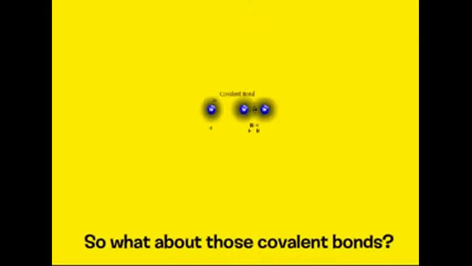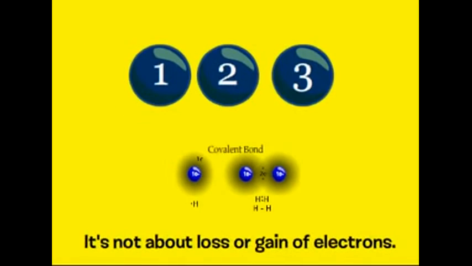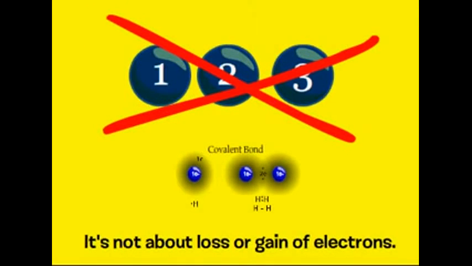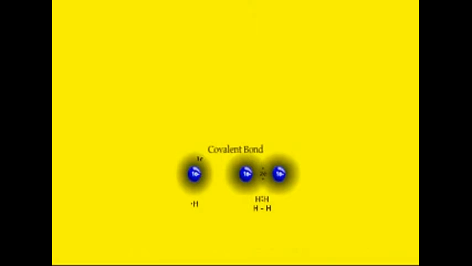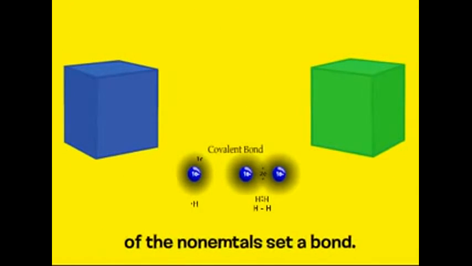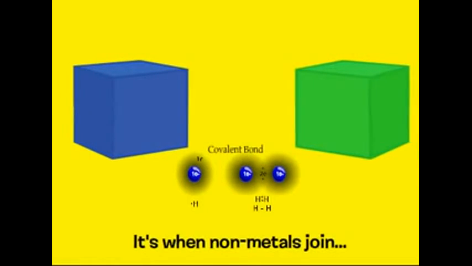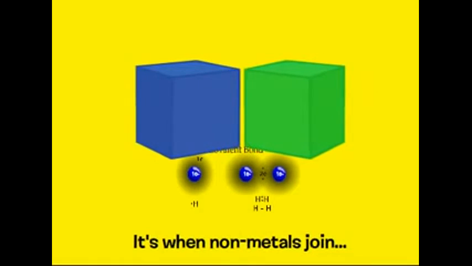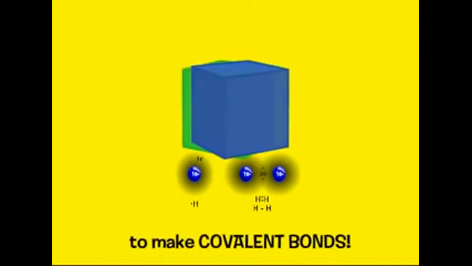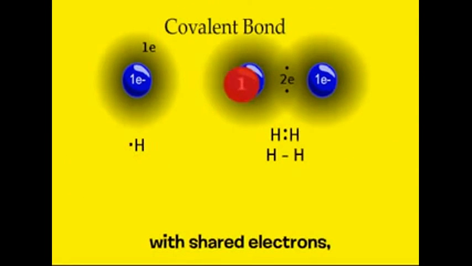So what about those covalent bonds? It's not about loss or gain of electrons. Valence electrons, they are shared to complete the outer shells of the non-metal central bond. It's when non-metals join to make covalent bonds with shared electrons.